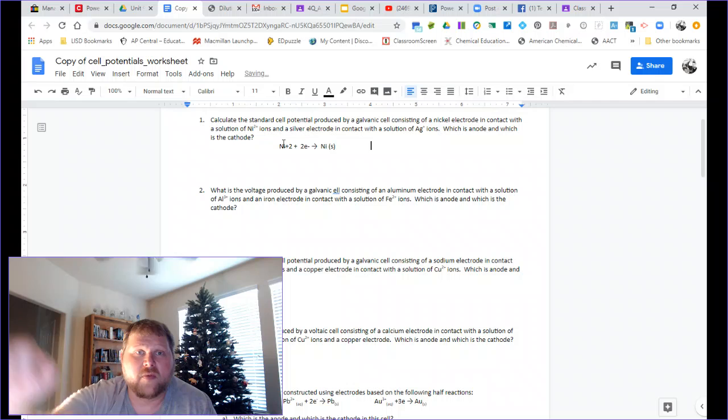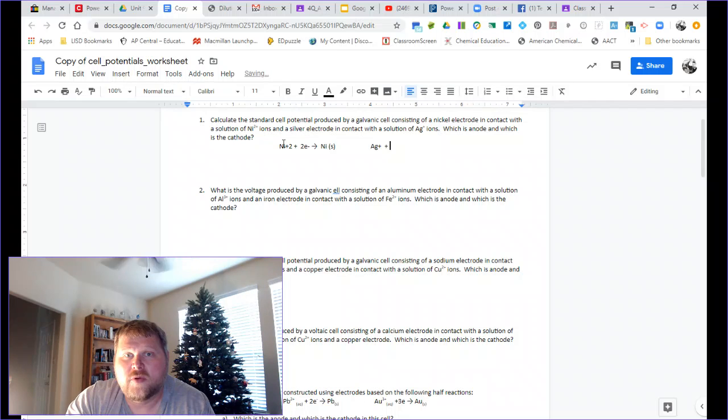And then the other reaction we're working with here is silver. Silver ions will add just 1 electron and make silver metal. So those are the two potential reactions to be the cathode.